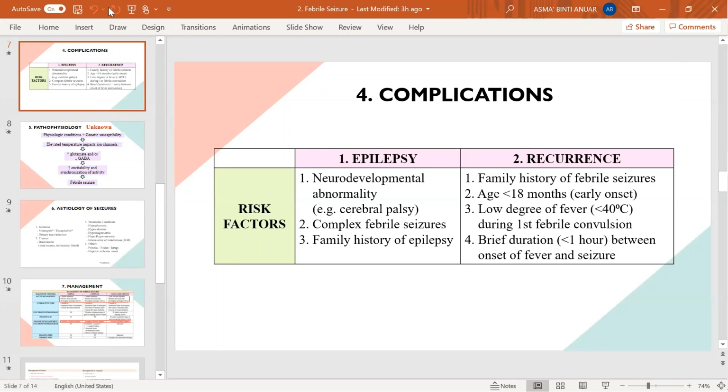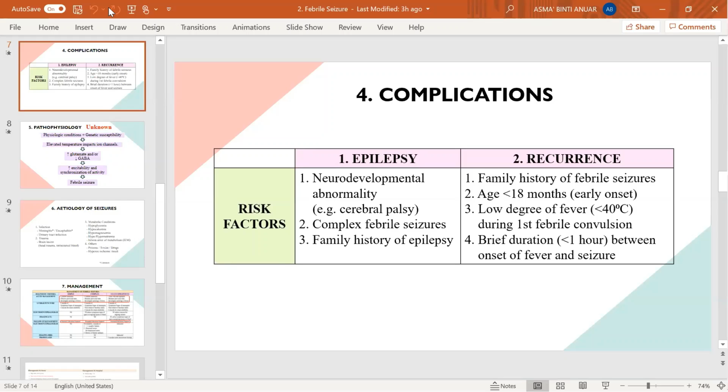We don't diagnose that because febrile seizure is a diagnosis of exclusion. It's a diagnosis of seizure at the onset of fever, usually seizure with fever, with a background of a normal child.